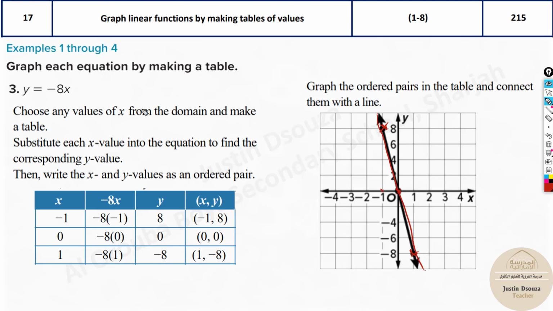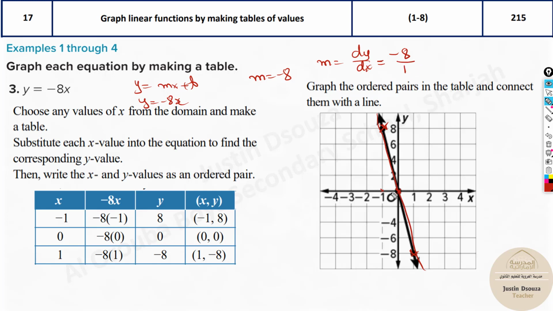Okay. Now, the other way is, if you look at this, y is equal to mx plus b. What is the equation? y is equal to minus 8x, b is 0. So m is minus 8. That is the slope, dy by dx, isn't it? Now, let's write it in terms of a fraction: minus 8 divided by 1.